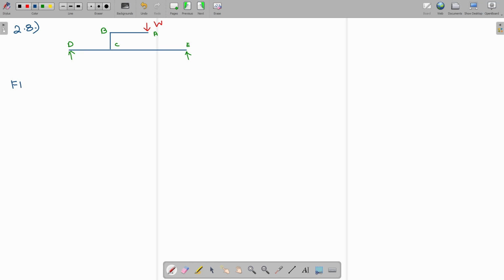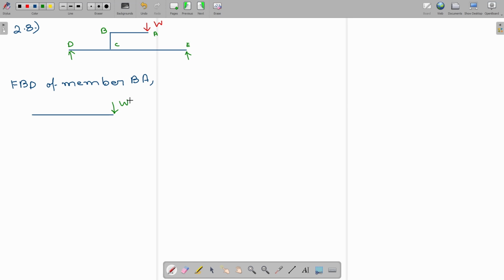So, we can write like this. Free body diagram of member BA. The reaction is taking place like this.